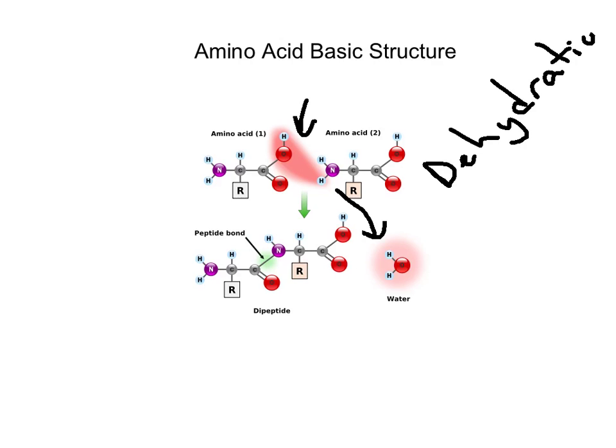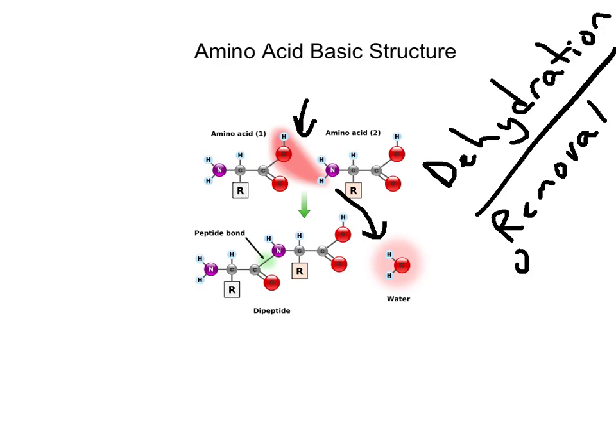If you don't know it, you better learn it because you're going to see it again and again. It's dehydration, or the removal of a water molecule. It's the removal of water that gives you this dehydration. You remove the OH, you remove the H, and you get this water.